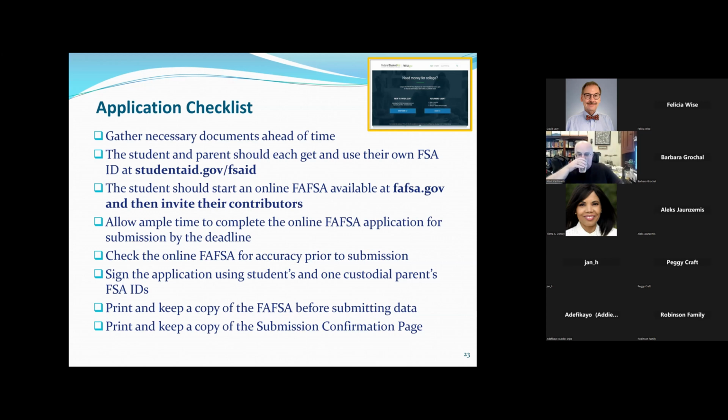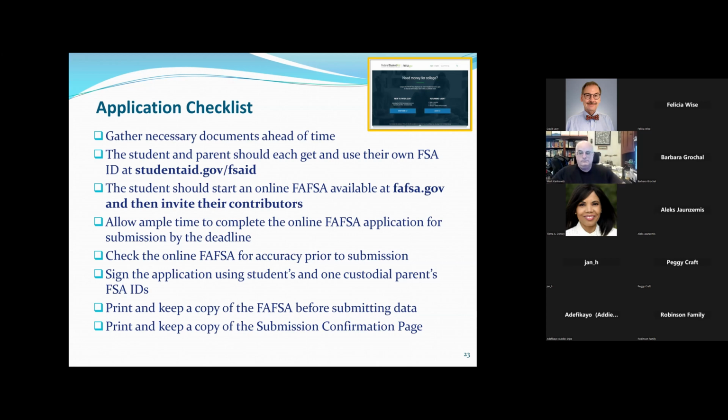It's best to submit the FAFSA at least 10 days before the earliest of the college financial aid deadlines. Don't wait until the day the application is due. Assume the electronic deadline is East Coast time. Check the online FAFSA for accuracy prior to submission.